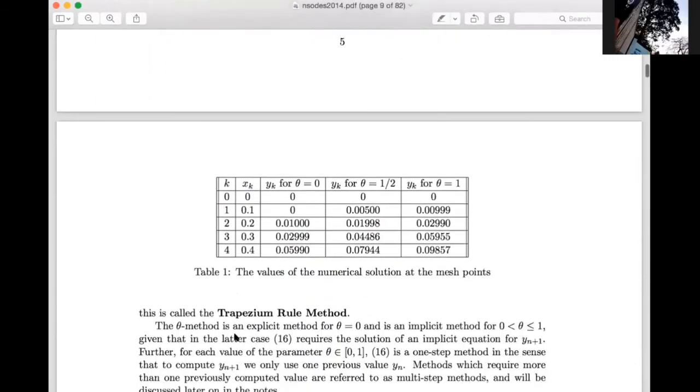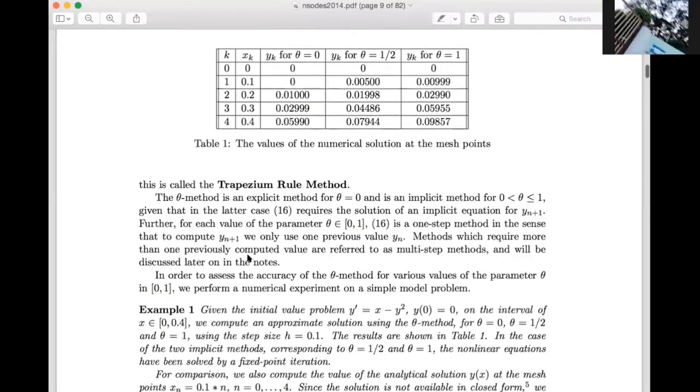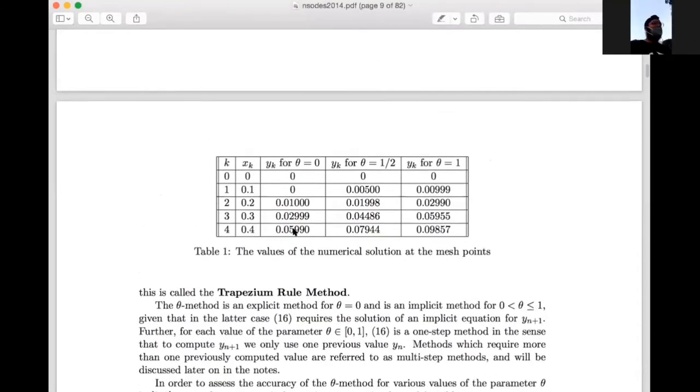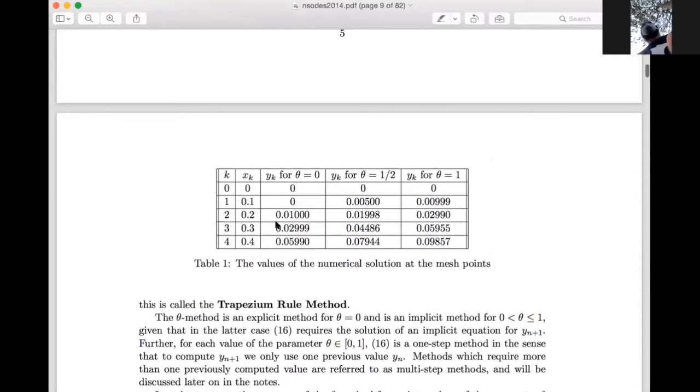And they solve, I think, a very good example. If you look here, this is a table.